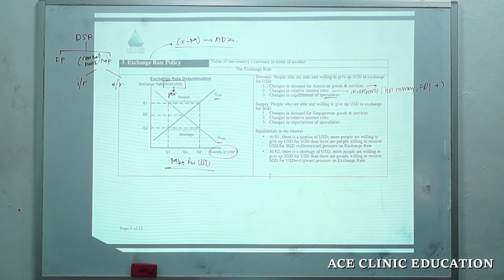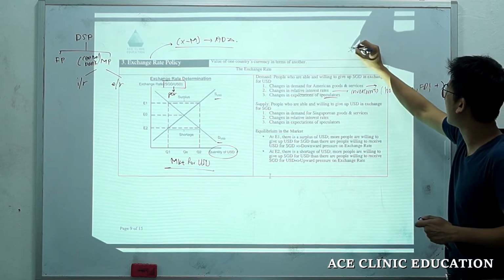So people that want to buy your currency for goods and services, for investments and speculation, right? And then the supply will be the opposite. You'll be people who want to sell US dollar to either buy goods and services abroad, invest abroad, or again speculate on the US dollar, right?